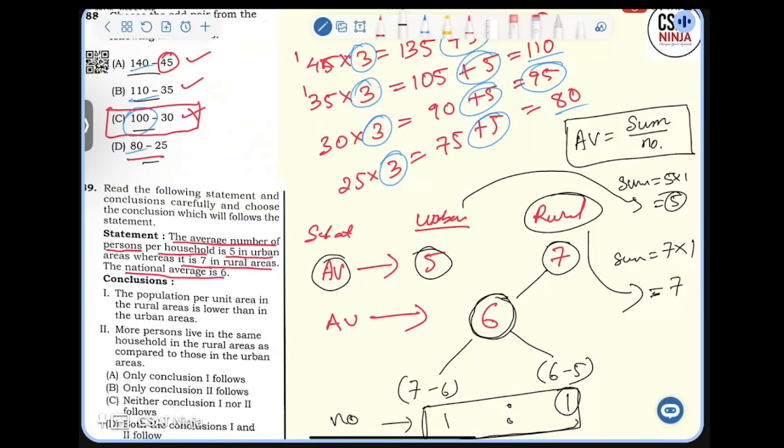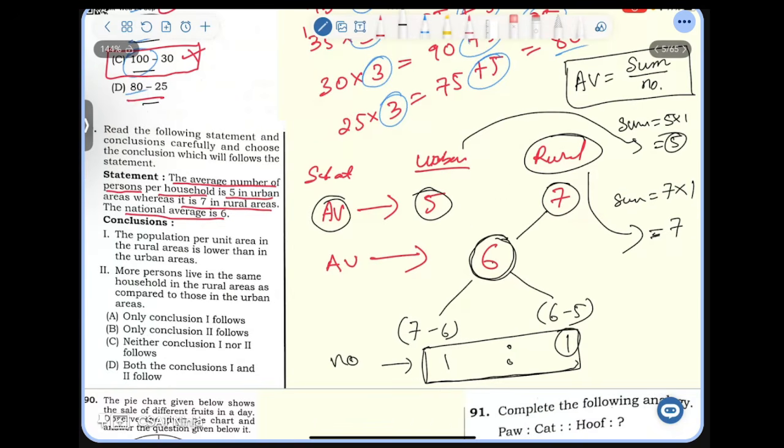So let's read the statement. The population per unit area in rural area is lower than the urban areas. So if you look here, the population in rural areas is compared with urban areas. The statement says the rural areas are less. Is this one less? No, right? Because this one is greater than this one.